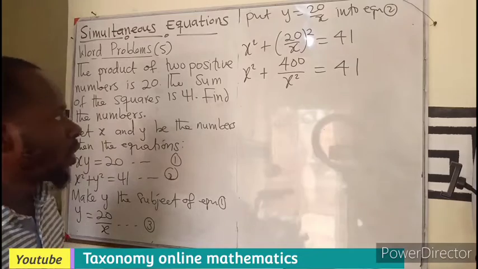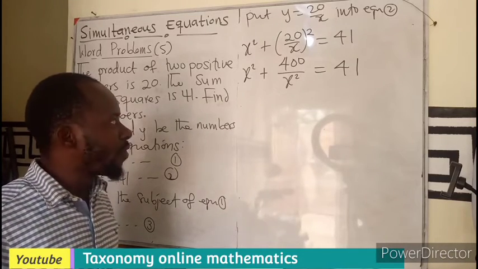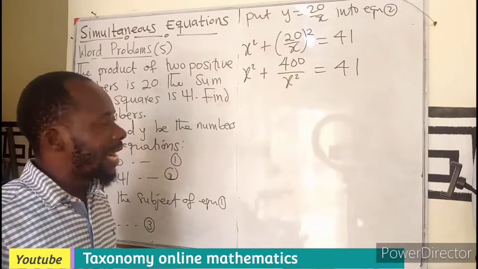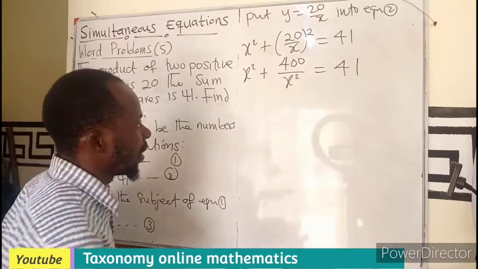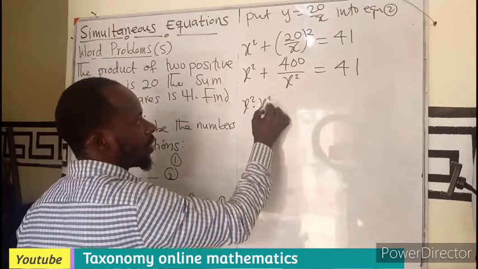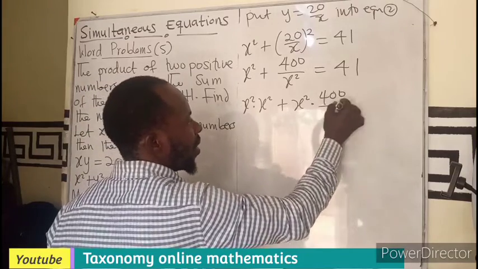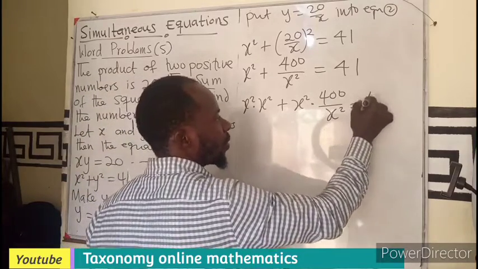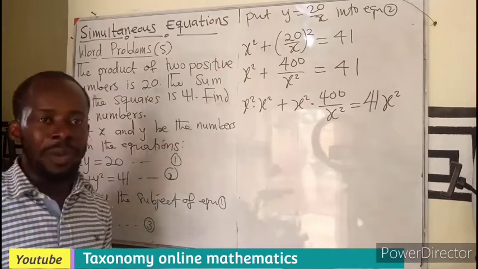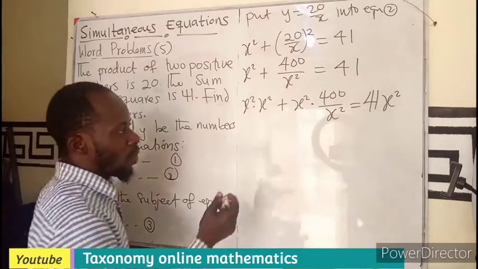Alright, so what do I do now? I think I'm having an equation involving a fraction. So multiply through by the LCM, which will be x squared. That will be x squared times x squared, times 400 over x squared. Then 41 times x squared. So this means 2 of the x squared.